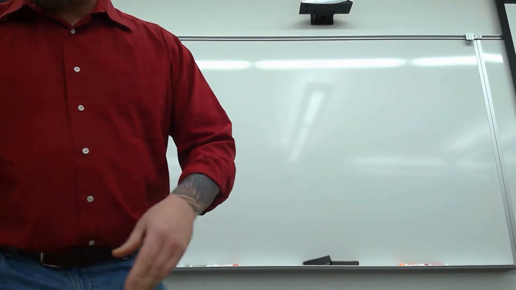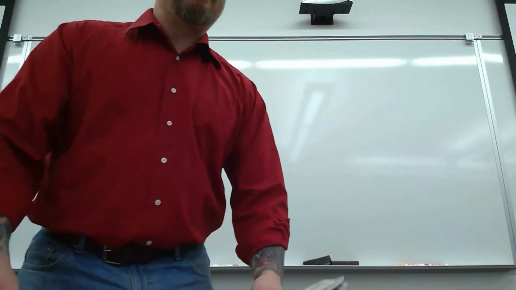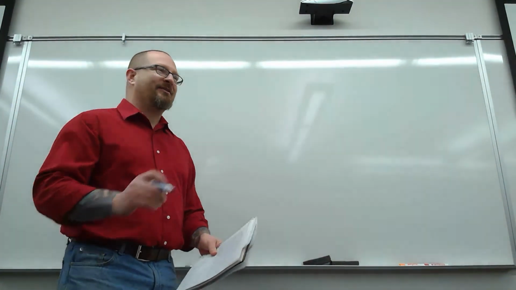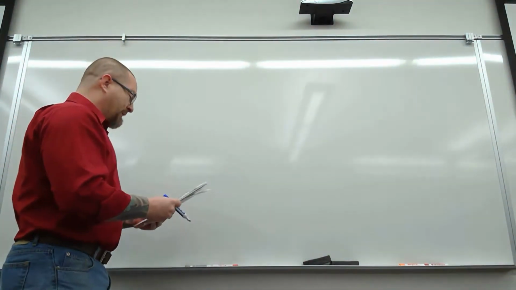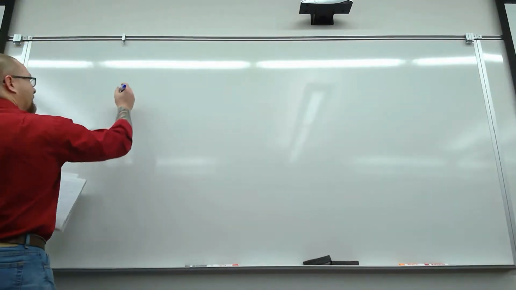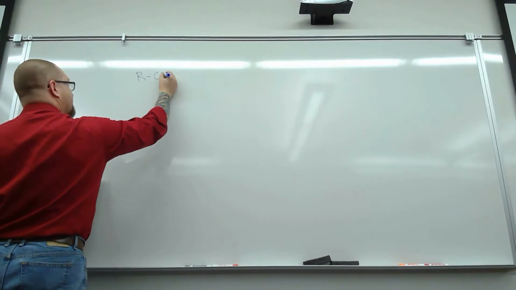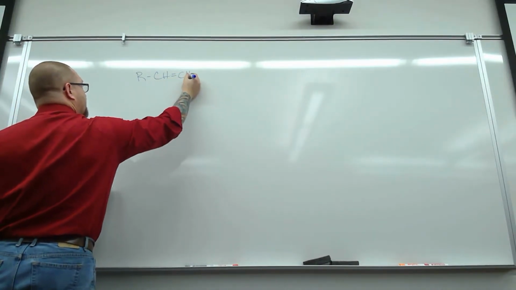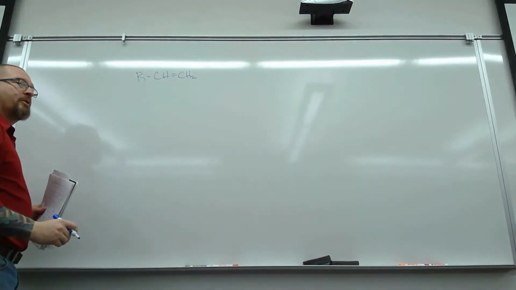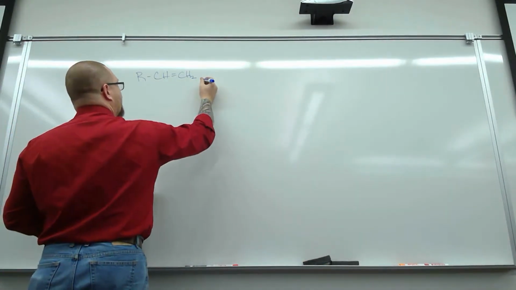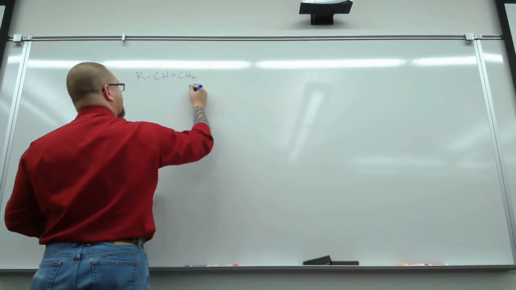So, speaking of exciting things, let's get back to Chapter 6 with chemistry associated with alkenes. To quickly review what we've done so far with reactions, if we've got some general terminal alkene here, and we want to react this with water.